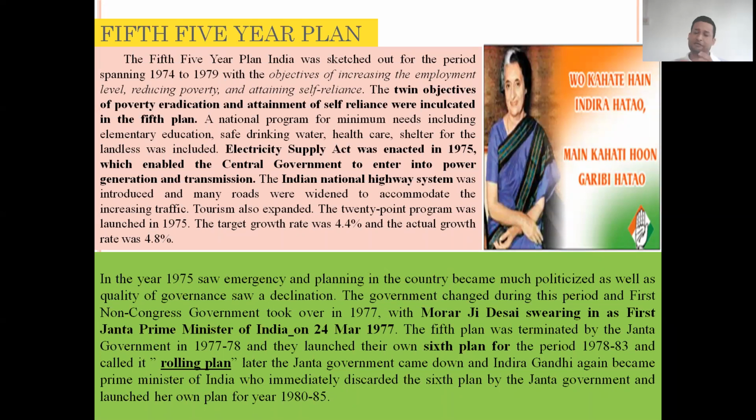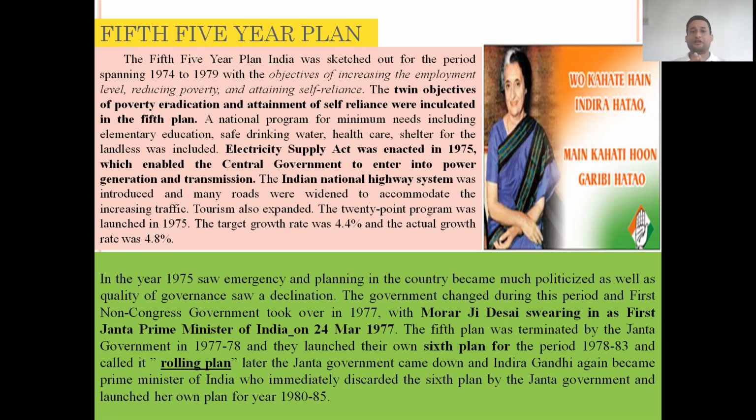And that is why during this period, one of the popular slogans raised by the Congress was, "वो कहते हैं इंदिरा हटाओ, मैं कहती हूँ गरीबी हटाओ." So during this planning period, Garibi Hatao was one of the key issues for the development agenda of India.